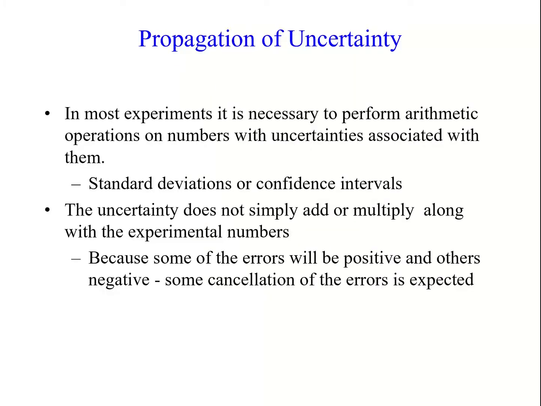So the uncertainty is expressed as standard deviation or confidence intervals. The uncertainty does not simply add or multiply along with the experimental numbers, because some of the errors will be positive and others will be negative, so there is some cancellation of the errors that is expected in every measurement.